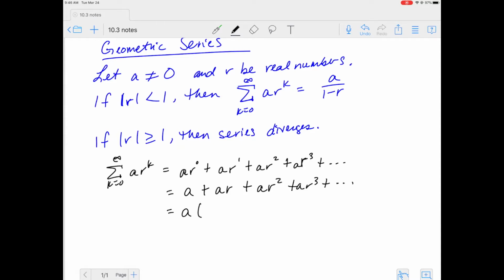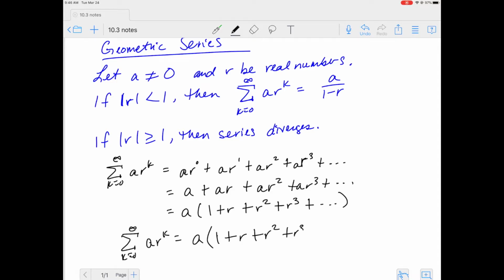So if you factor out that A, you now have 1 plus R plus R squared plus R cubed, etc. So the sum from K equals 0 to infinity of AR to the K is A times the quantity 1 plus R plus R squared plus R cubed, etc. The key to this is I have to have my A value and my R value.